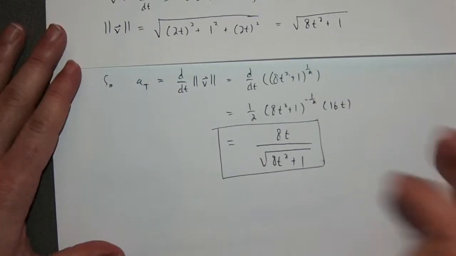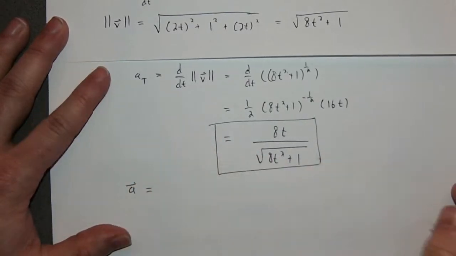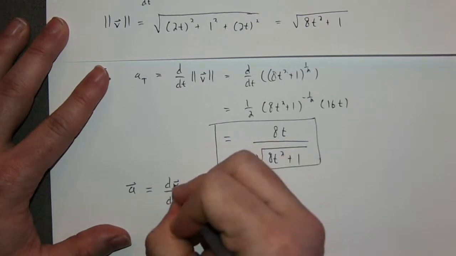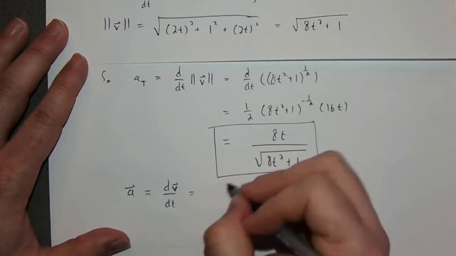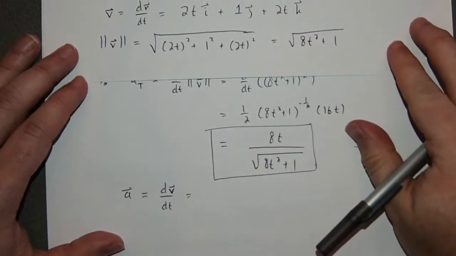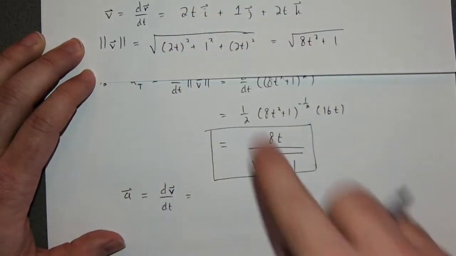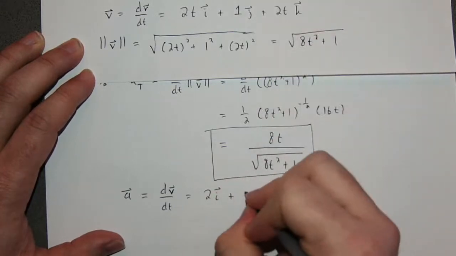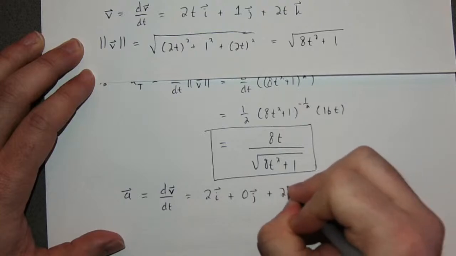Okay. Now, what is my acceleration vector? So my acceleration vector is dv/dt, right? So bringing v back, since v is slightly off screen here, and taking the derivative of this thing, I get 2i plus 0j plus 2k.